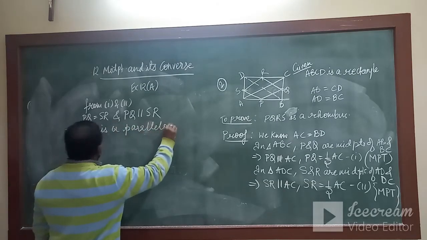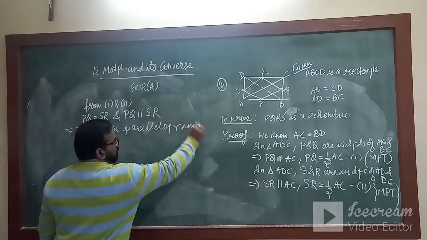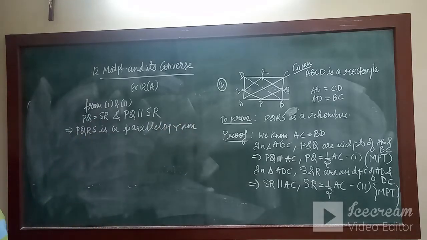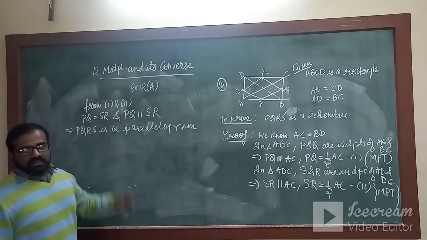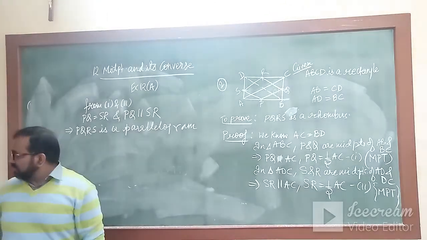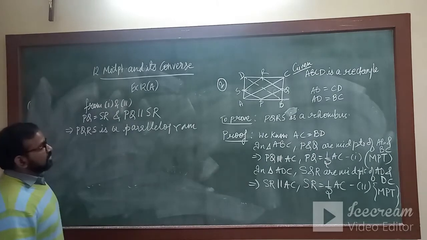But what we have to prove in this? We have to prove that PQRS is a rhombus. So in order to prove it, if we can now prove any one pair of adjacent sides as equal, it becomes a rhombus.